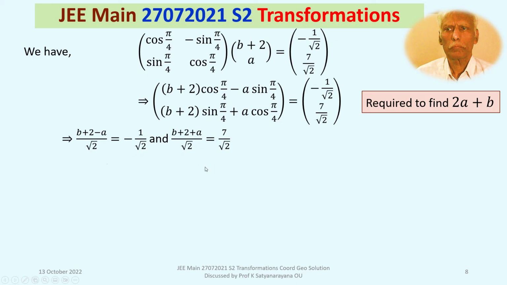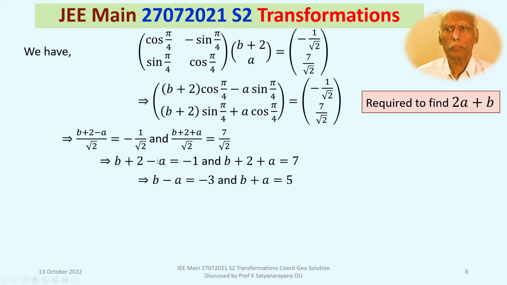Root 2 cancels, and we get b + 2 minus a is equal to minus 1, and b + 2 + a is equal to 7. That will imply b minus a is minus 3, right? b + a is equal to 7 minus 2, that is 5, right?